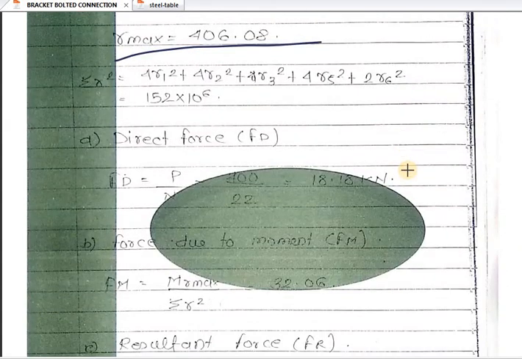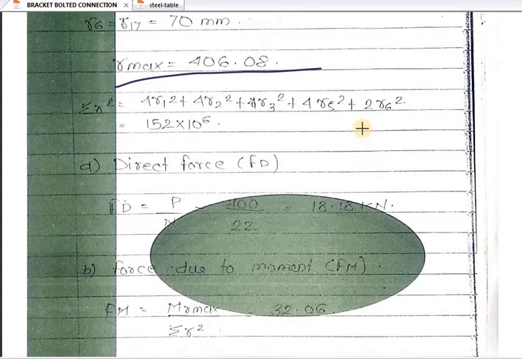Two bolts are symmetrical, therefore we have not included them here. So you can check this summation of r square. It comes to be 152 × 10^6 mm square.